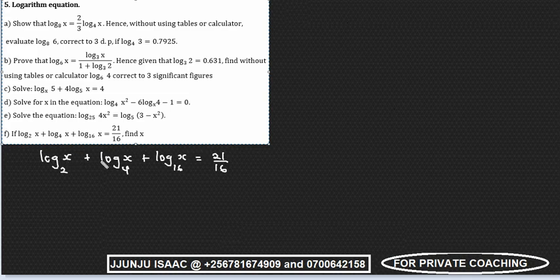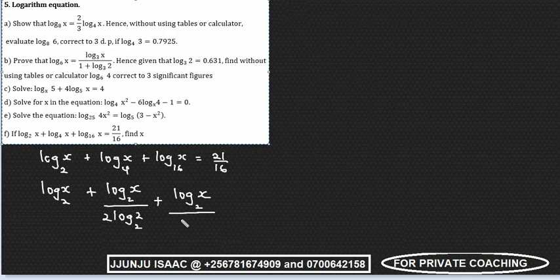I'm going to leave this, then I'll introduce log base 2 on this and this. So this is log base 2 of x plus log base 2 of x divided by log base 2 of 4, which is 2 squared. So I bring a 2 here, plus log base 2 of x over log base 2 of 16, which is 2 to power 4, then I bring a 4 this side, equal to 21 out of 16.